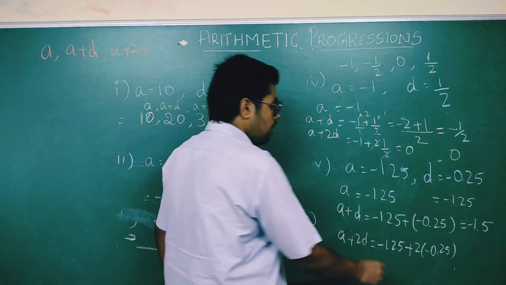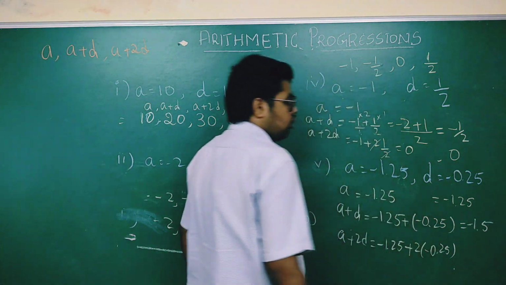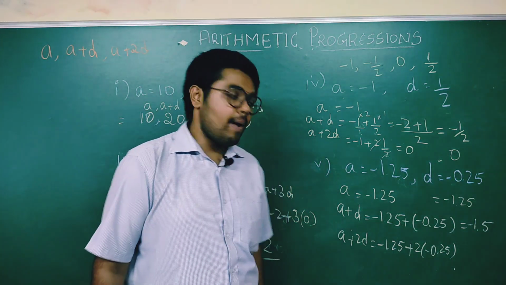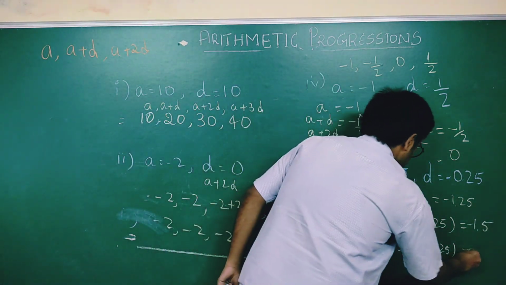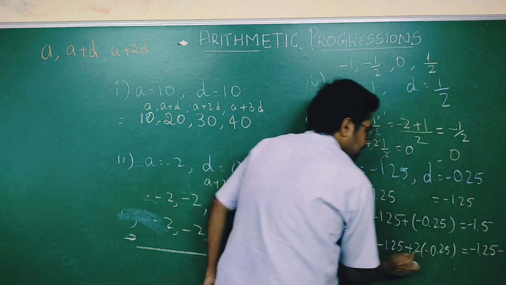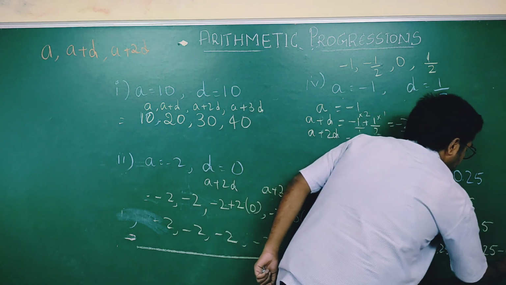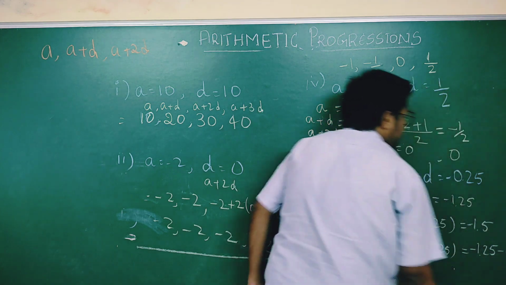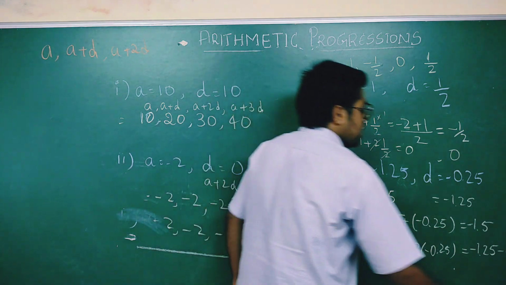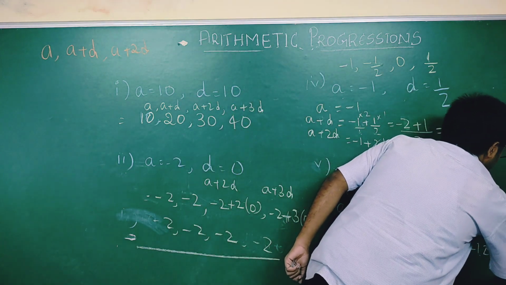Next, if you see 1.25 and 2 into 0.25, what is 2 into 0.25? 25 paisa 2 times becomes 50 paisa. So this becomes how much? It becomes minus 1.25, minus, plus into minus, it becomes 0.5. So what is the series? When I add minus and minus, it becomes minus 1.75.